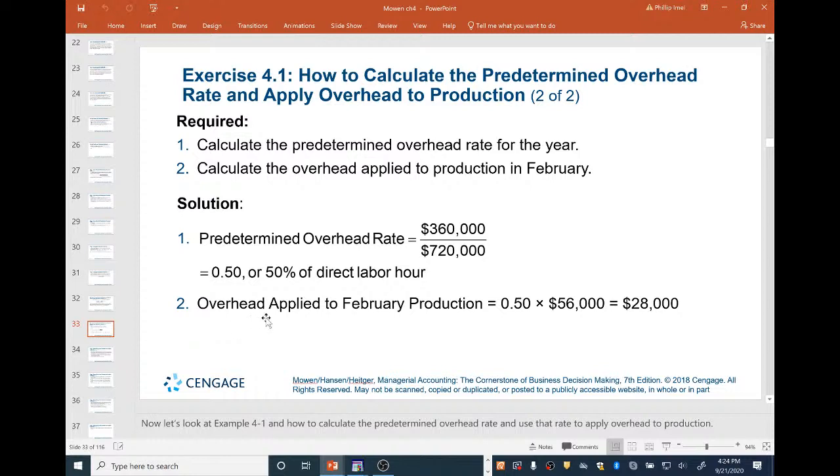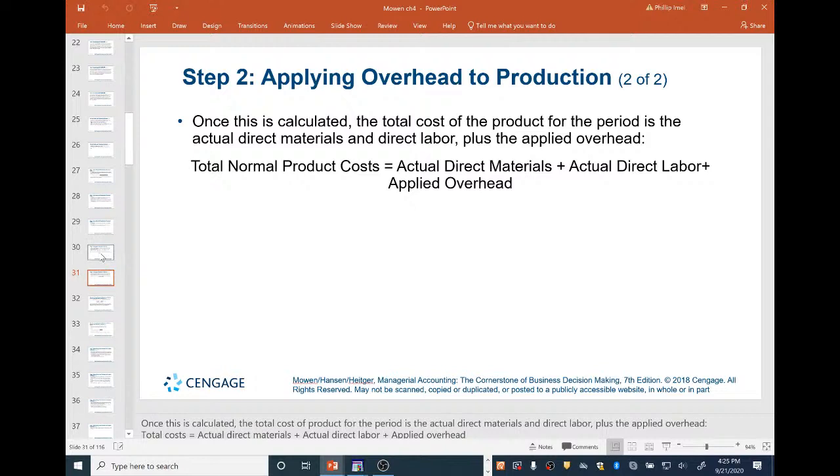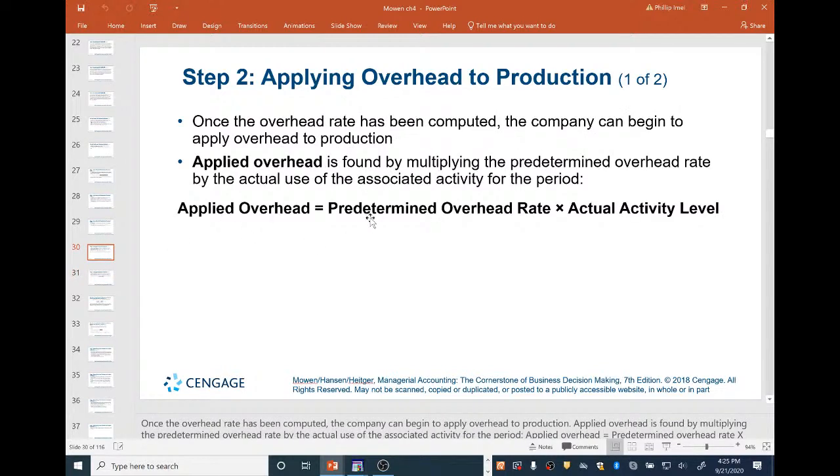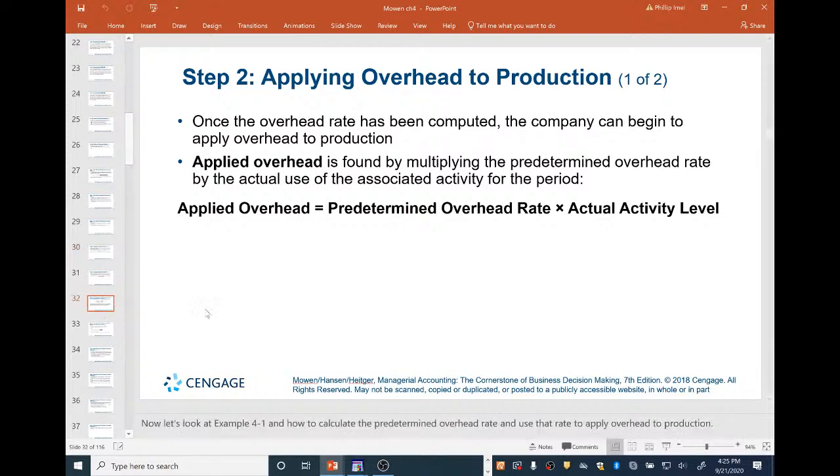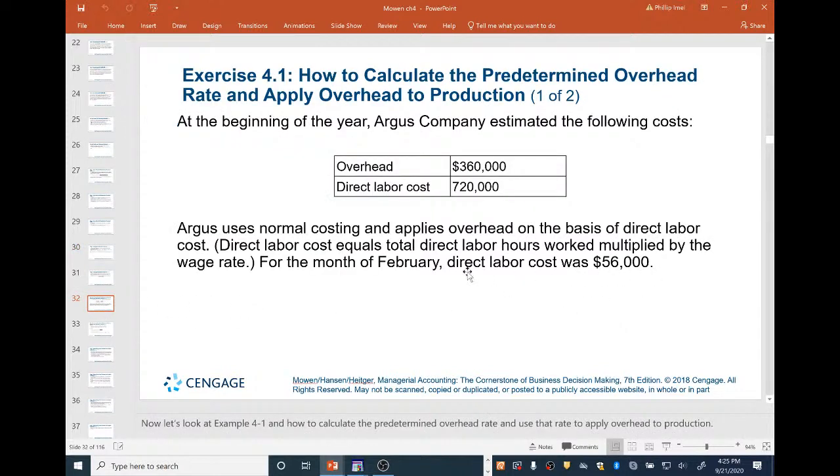Okay, step 2, overhead applied to the February production. Once again, we're at this formula right here now. Applied overhead: we take the predetermined overhead rate, what we just found, the 0.5, and multiply it by the actual activity level. In this case, it was the $56,000 direct labor cost in the month of February, okay?